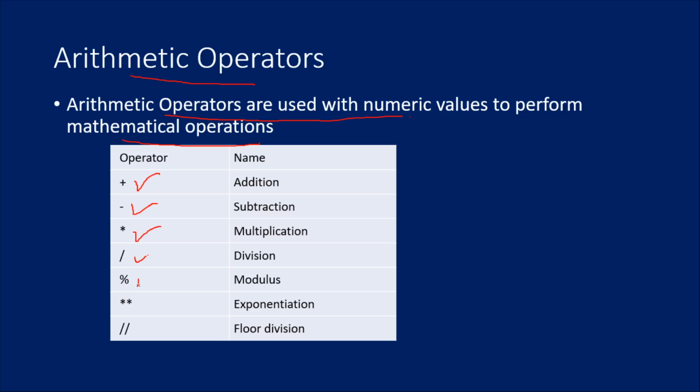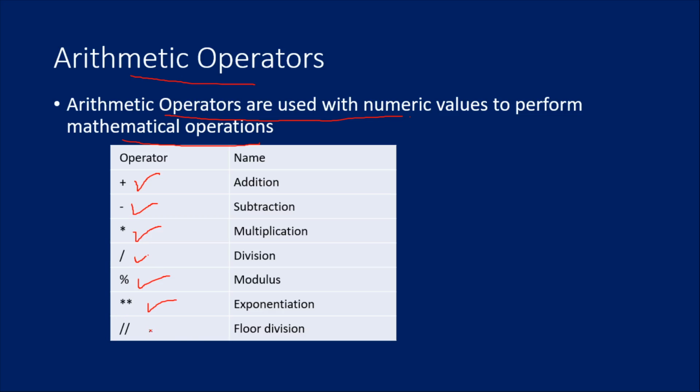For modulus, if you want to get the remainder as output, you should use the percentage symbol. For exponentiation, like 2 to the power of 3, that means multiply 2 three times, you have to use the double star.